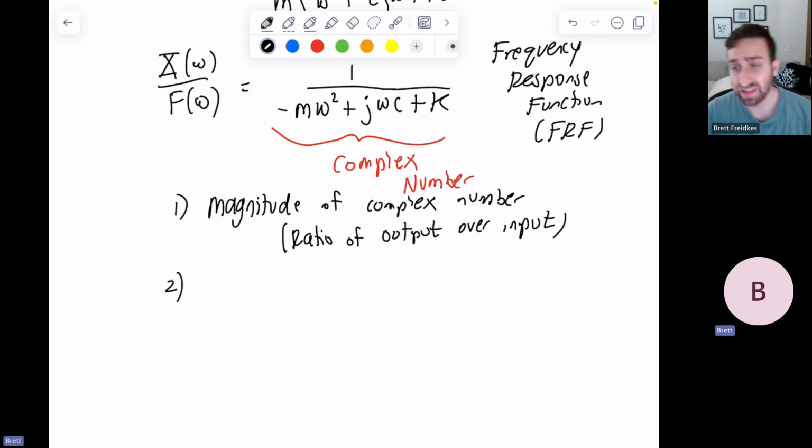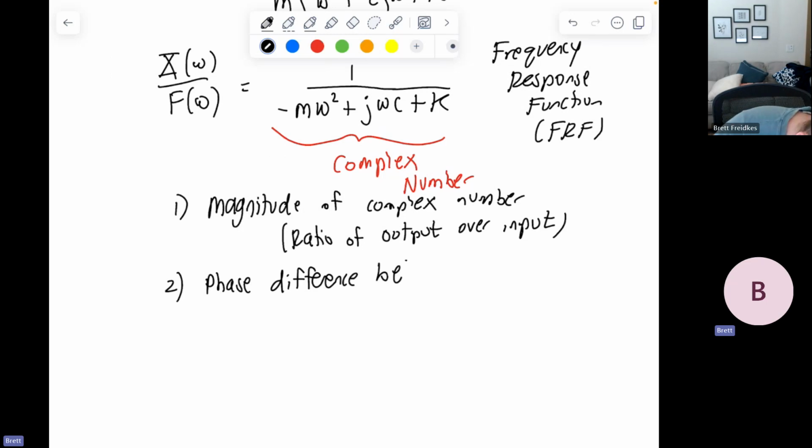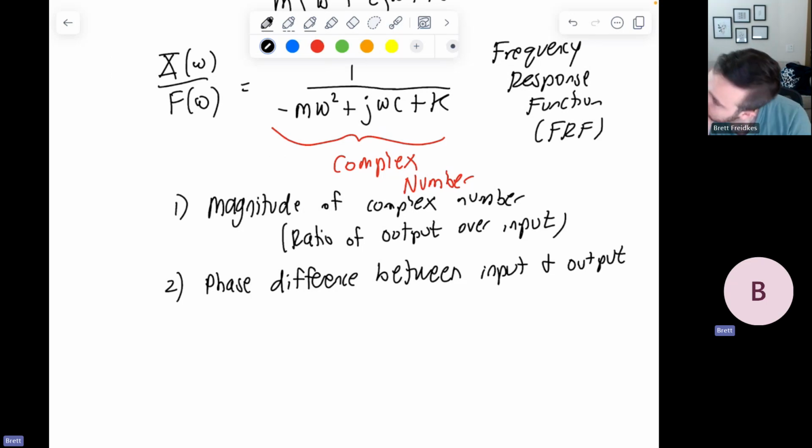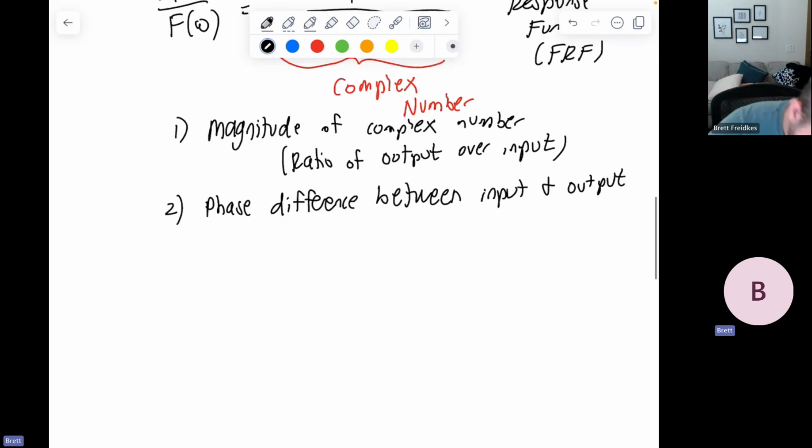And two, the other thing that's buried inside of the complex number is the phase difference between the input and the output. And that's due to the presence of the damper. So for example, maybe I have my force.